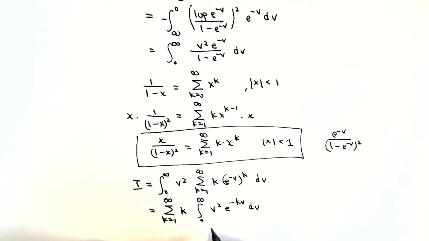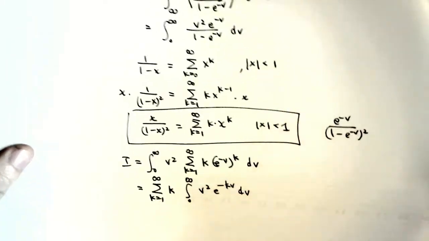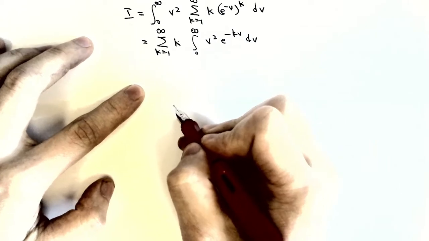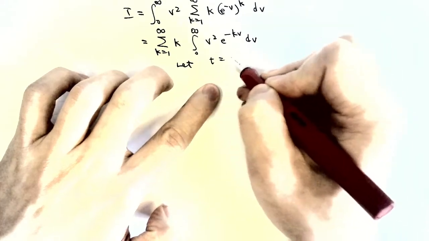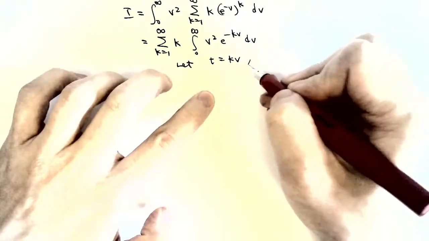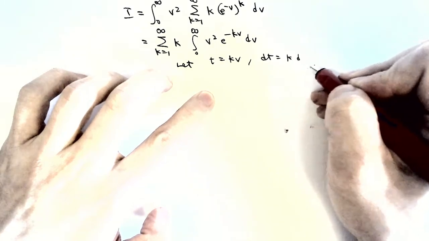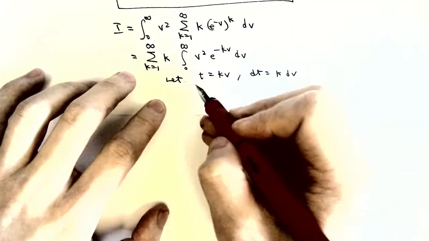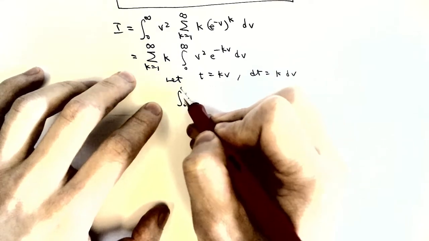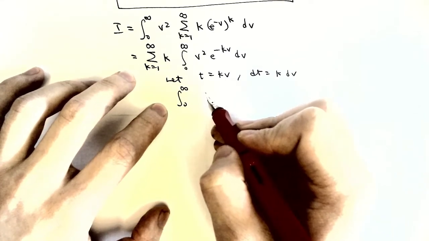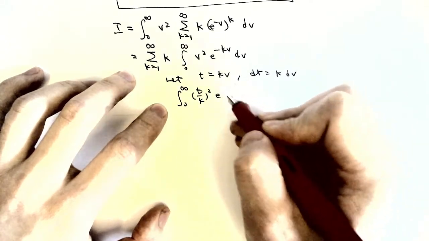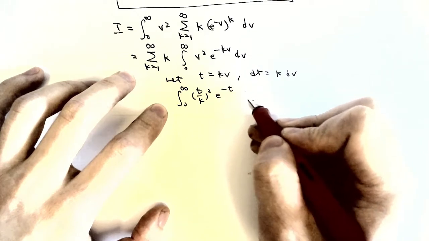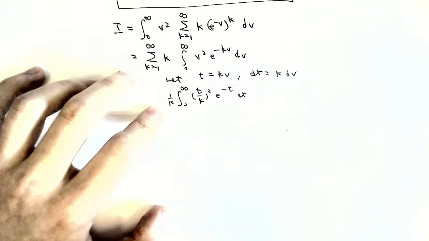Now we have to calculate this integral here. We notice that if we let t equal kv, then dt will just become k dv, and this integral will become the integral from 0 to infinity of (t over k) all squared, times e to the minus t, and then dv is just dt over k.